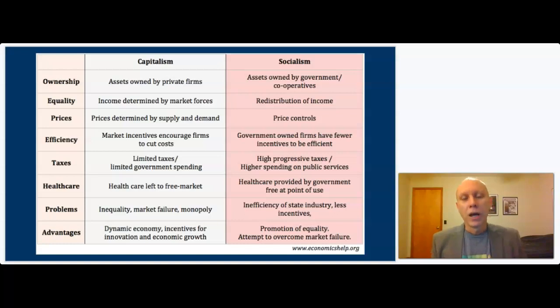Now, with socialism, that's an economic perspective that really began to take shape during the Industrial Revolution years, largely driven out of seeing some of the really tough conditions that people were experiencing, and what seemed to be exploitation of the workers, for example, by owners of industry or owners of businesses, and out of a view that this was going to go on permanently, that that was just the nature of the industrial model.